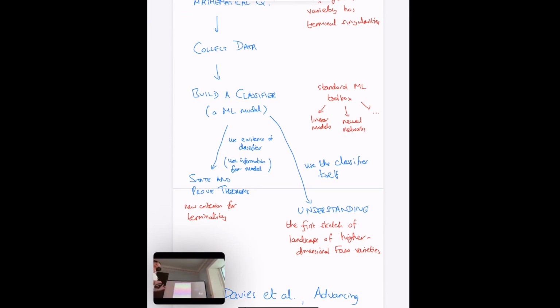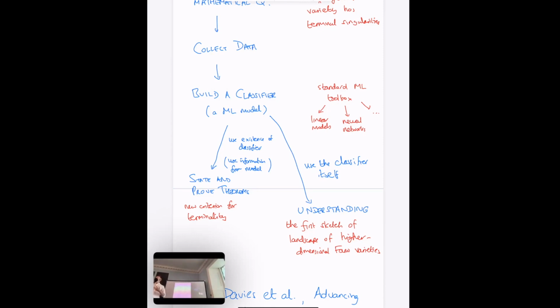And so, okay, we end up stating and proving a new effective combinatorial criterion to detect Q-Fano varieties. And it's a lot more effective than the integer linear programming method. It's maybe 15 times faster. What's kind of interesting is it's between 20 and 2,000 times slower than the neural network.